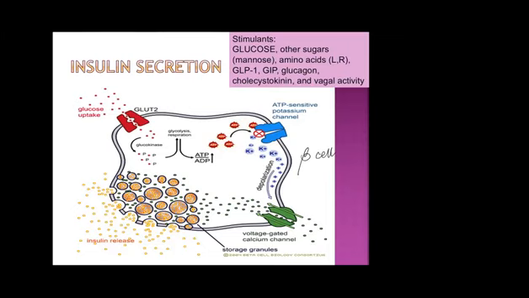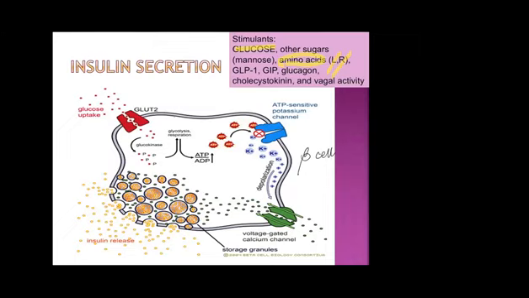Basically, the stimulants are glucose, of course, which is the major stimulus for insulin secretion. And then we also have others, like mannose and glucogenic amino acids, for instance leucine and arginine.